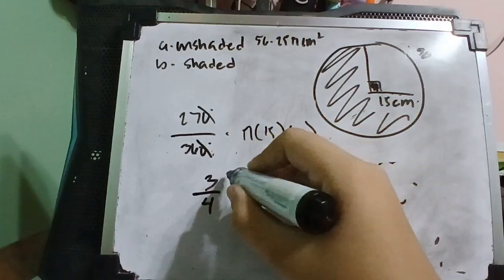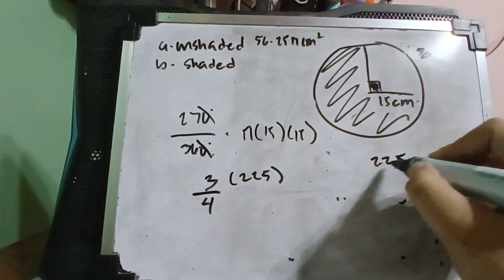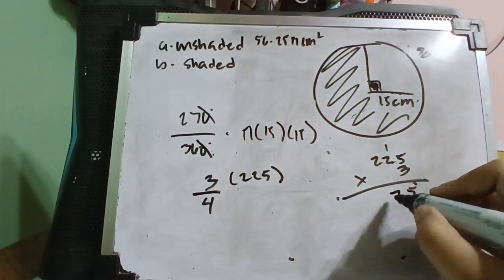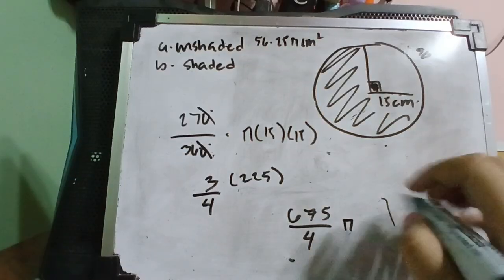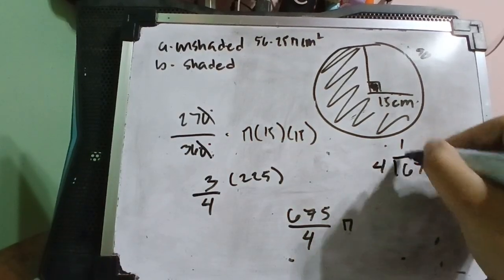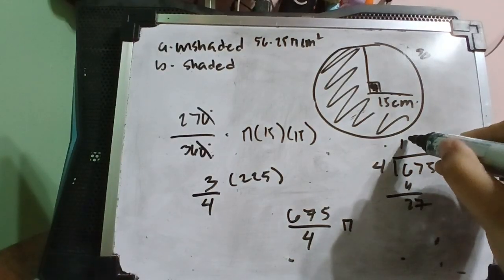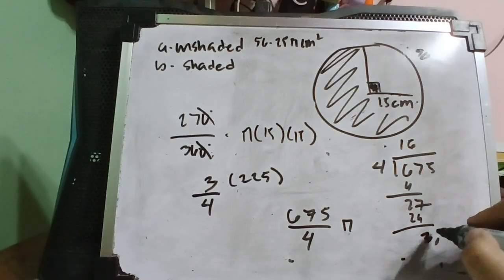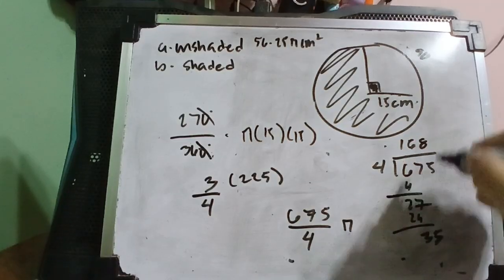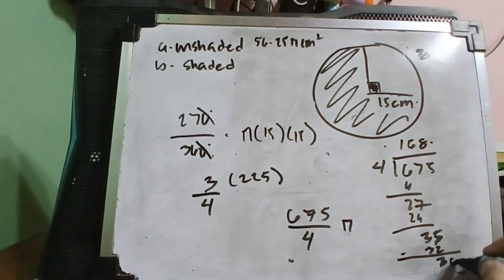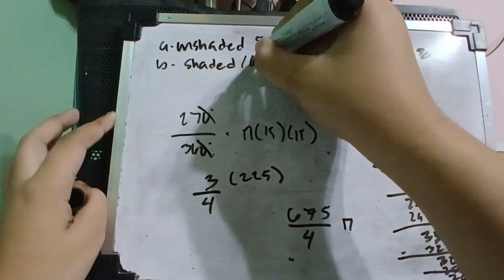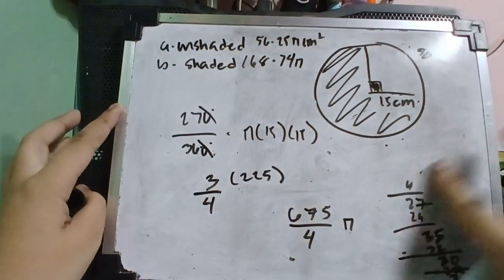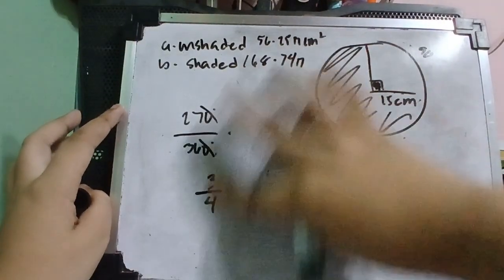So 3 times 225, that is 675 over 4 pi. So 168.75 pi centimeters squared. Square centimeters. Ayan.